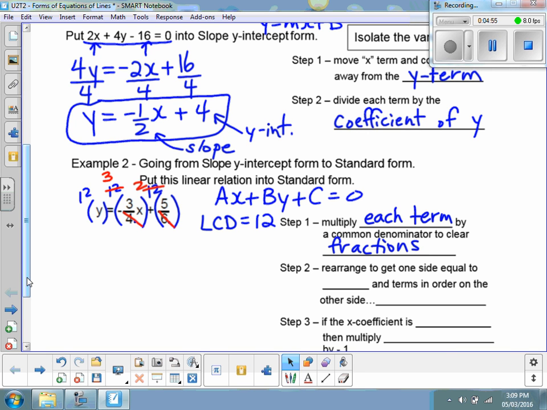So my next line now, I'm going to clean up all the garbage here, because now it's a complete mess. But 12 times y is going to be 12y equals, and then I've got 3 times negative 3x. So that's going to give me negative 9x. And then on the end I've got plus, and then 2 times 5 is going to give me 10.